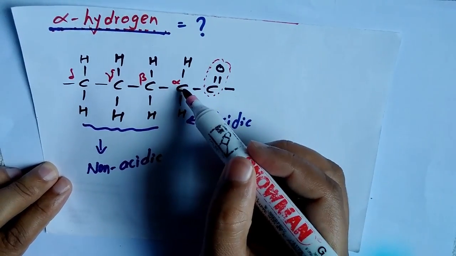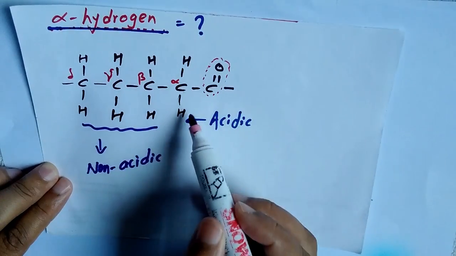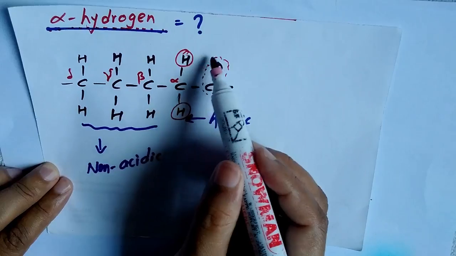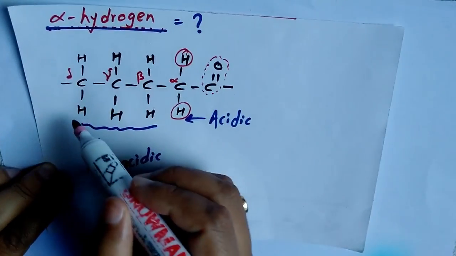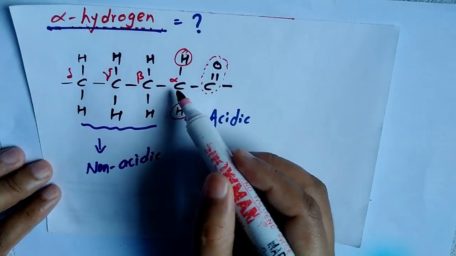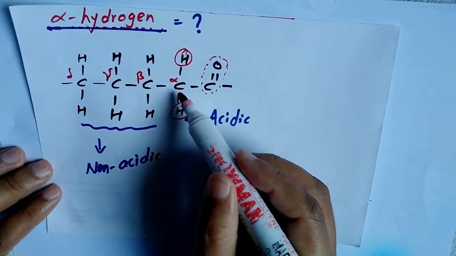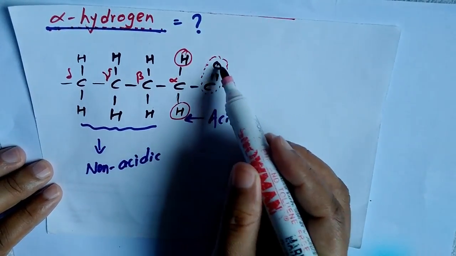The alpha carbon containing hydrogen is called alpha hydrogen. Here there are 2 alpha hydrogens, and this is the beta hydrogen, this is the gamma hydrogen, this is the delta hydrogen.